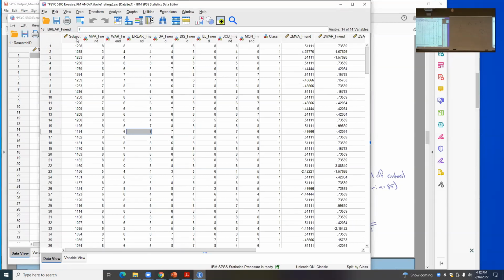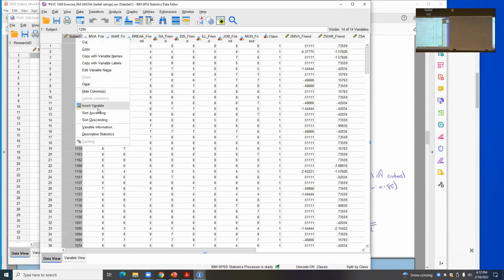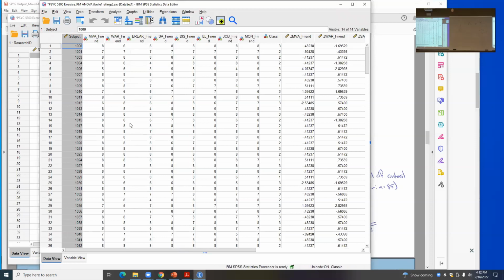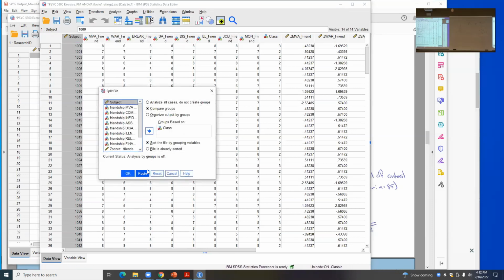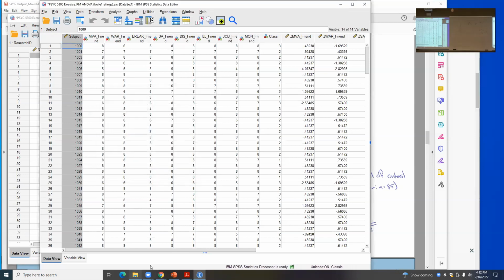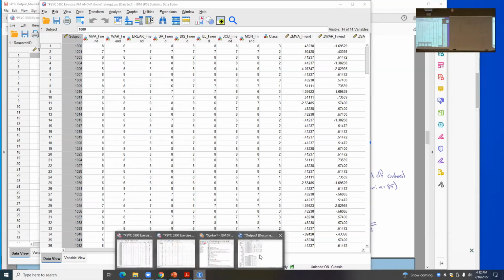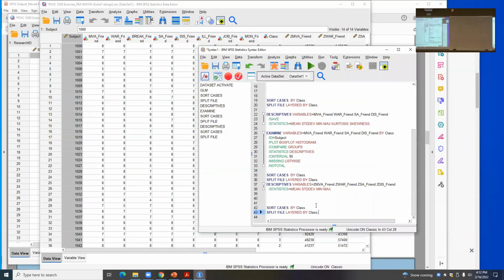open up my data set, sort this to pull my split file off. I'm going to go to data, split file. I guess I'm going to turn it back on. I'm going to split by class.